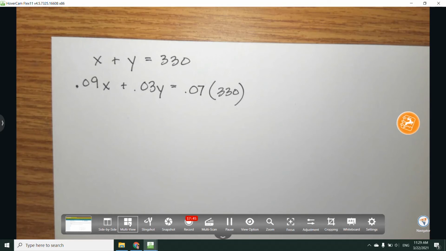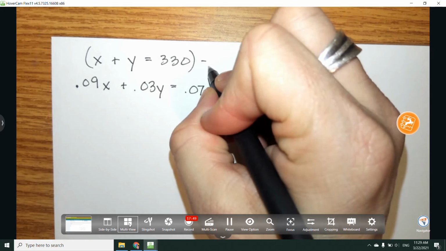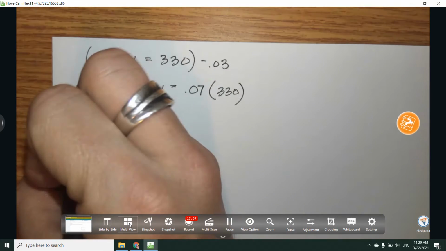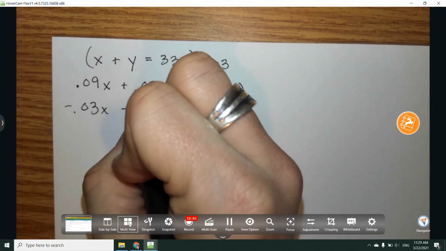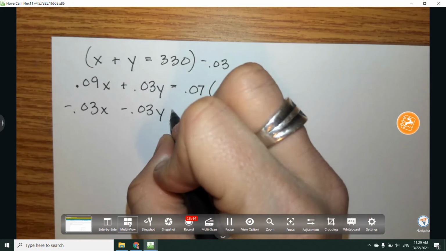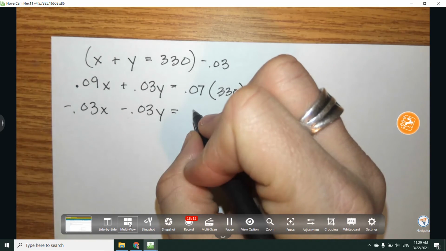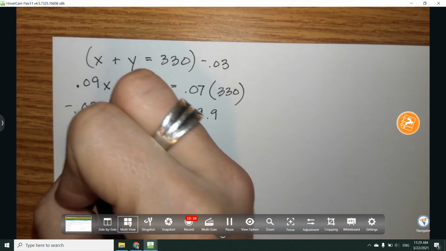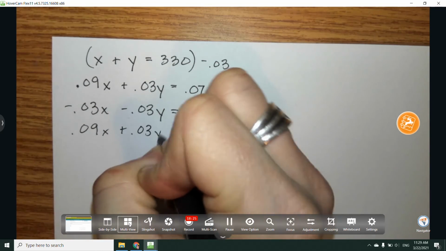Okay, so once again, I'm going to multiply to eliminate. That's by 0.03. And I'm going to do my math here. So we're going to get a negative 0.03x, a negative 0.03y, and 0.03 times 330 is 9.9. That's a negative 9.9. We still got our 0.09x, our 0.03y.